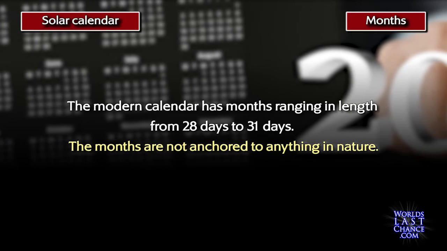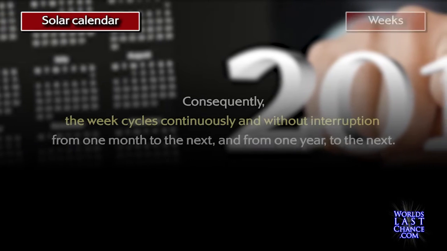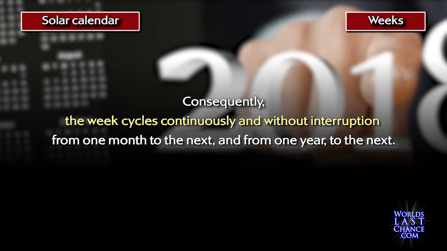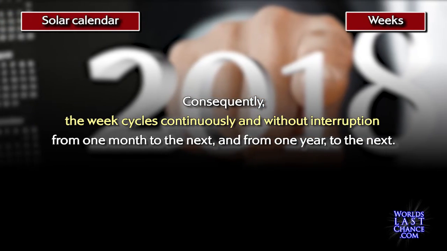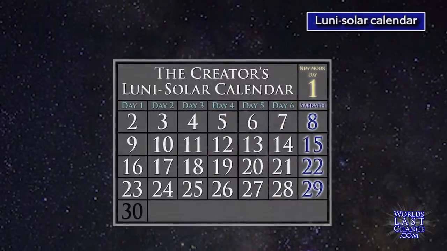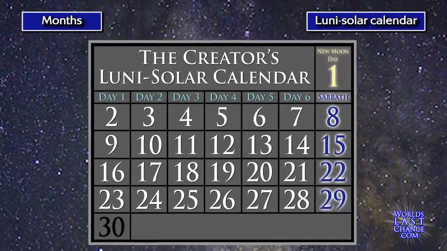The months are not anchored to anything in nature. Consequently, the week cycles continuously and without interruption from one month to the next and from one year to the next. The Creator's calendar bases each month on the movement of the moon.